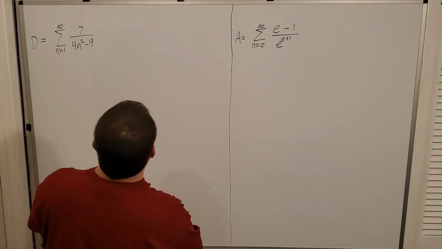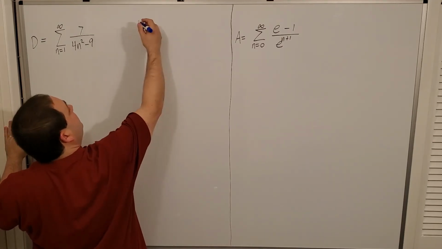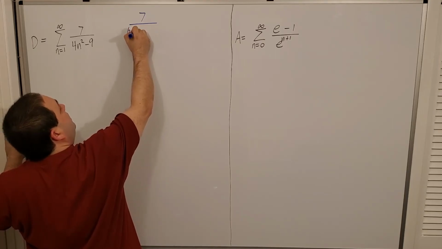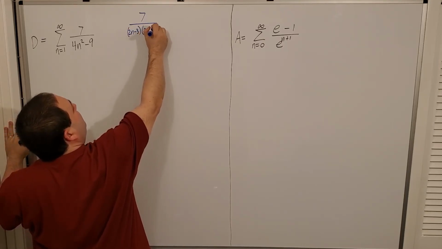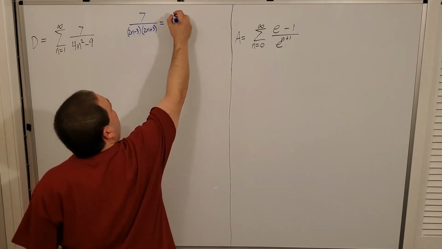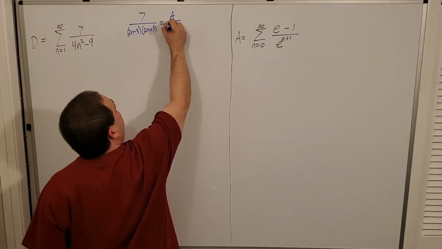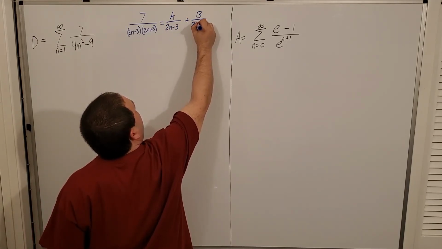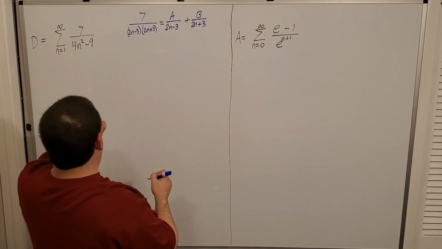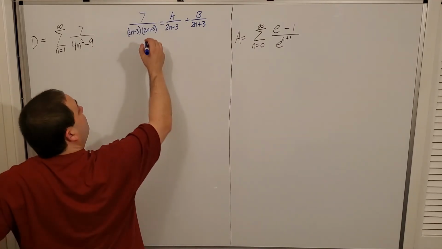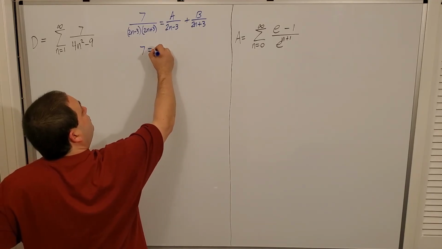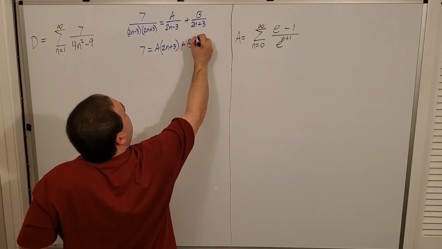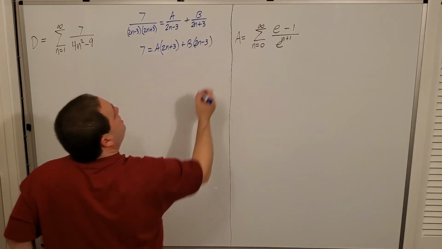So let's decompose this. I'm going to start by factoring that denominator. I'll have 7 over (2n minus 3)(2n plus 3). So then, of course, I'll have A over 2n minus 3 plus B over 2n plus 3, which after I multiply my denominators, I'll have 7 is equal to A times (2n plus 3) plus B times (2n minus 3).